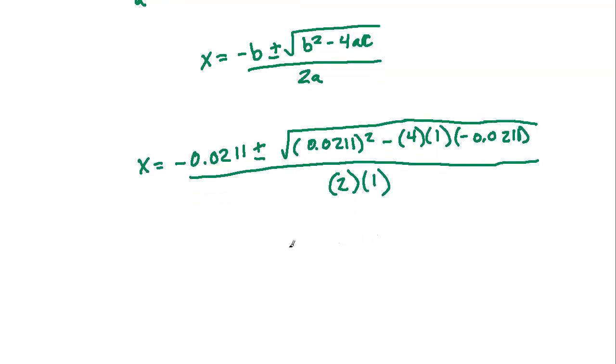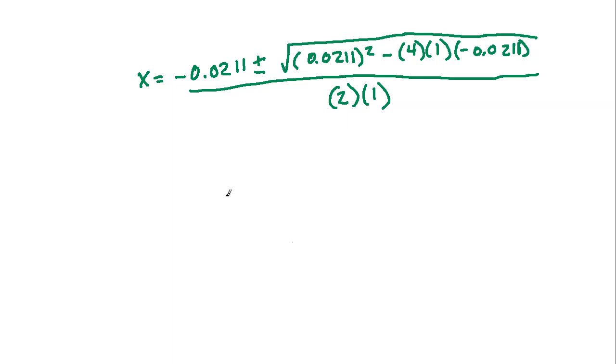All right, so put that together. You should have your scientific calculator out because we're doing this sort of math. So let's start simplifying this. x is going to be equal to negative 0.0211 plus or minus. Okay, now let's make this a little cleaner in here.